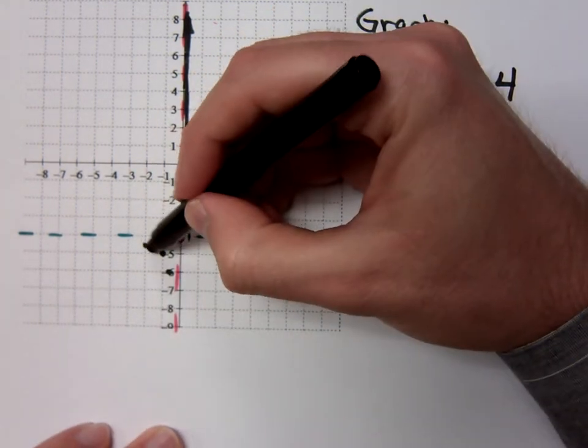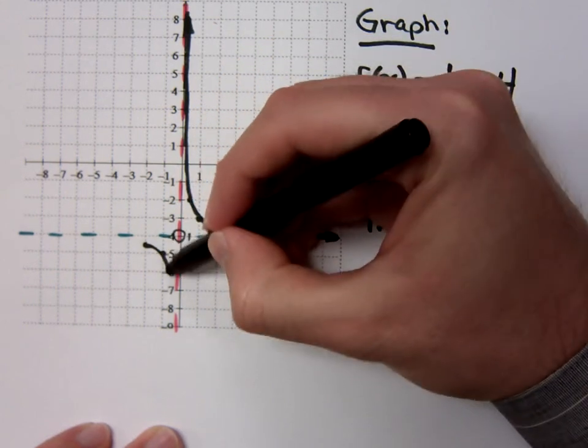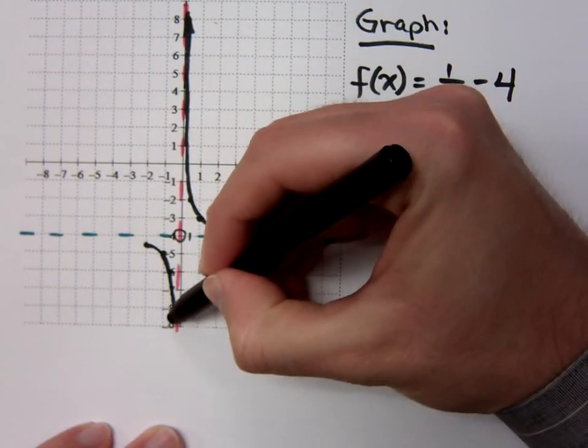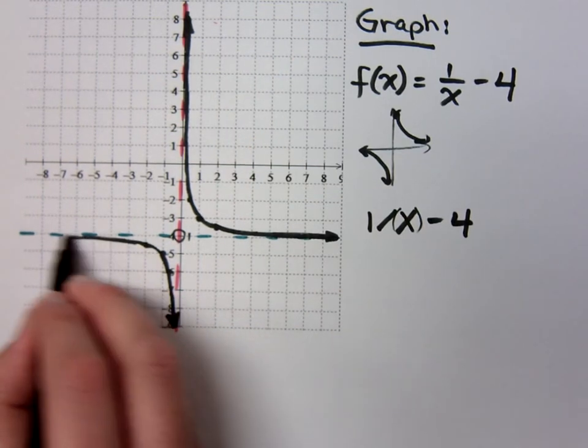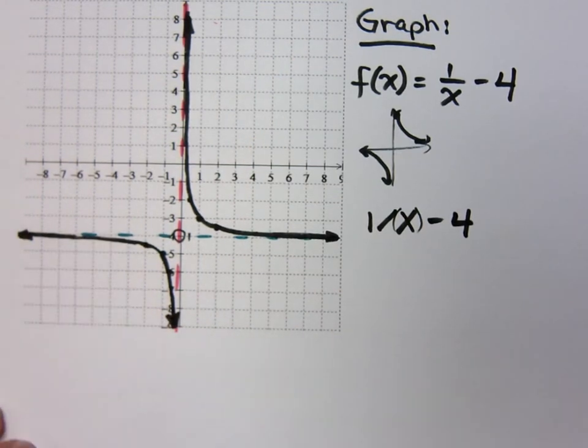Now again, it may look like I'm crossing those asymptotes, but the graph really doesn't do that. Isn't that just like my regular reciprocal function shape?